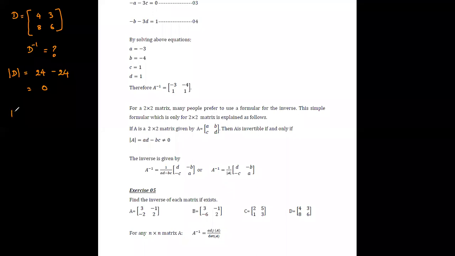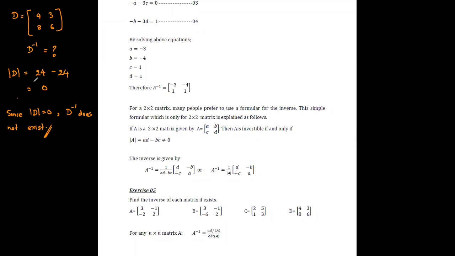minus 8 times 3, which is 24 minus 24. Now you can see that the determinant of D equals 0. Since the determinant of D equals 0, D inverse does not exist. It is because at this point we have obtained that the determinant of D is equal to 0.